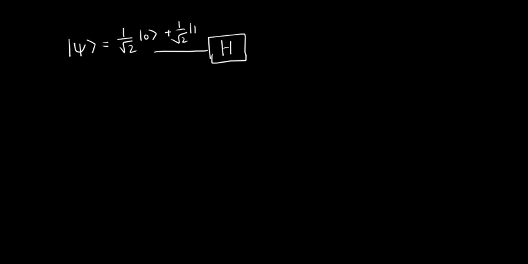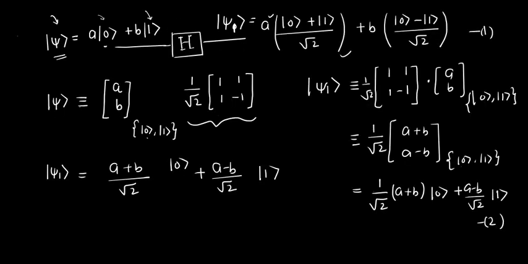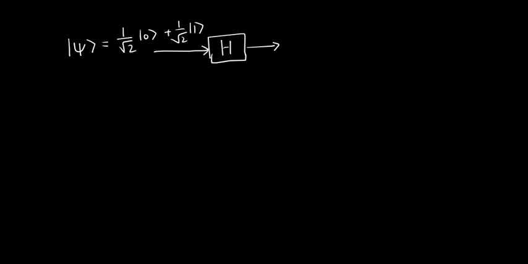So now if my input qubit is of this type, what would be the corresponding output? What you need to do in this equation is replace A with 1 by root 2 and B with 1 by root 2.